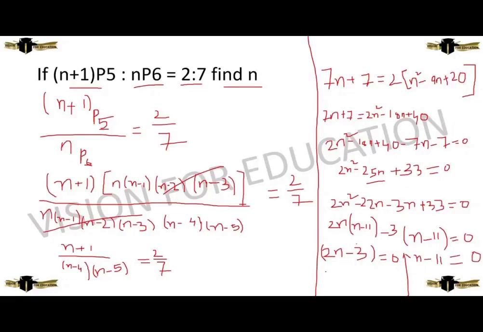Now simplify this. n equal to 3 by 2, n equal to 11. So here the n value is 11.